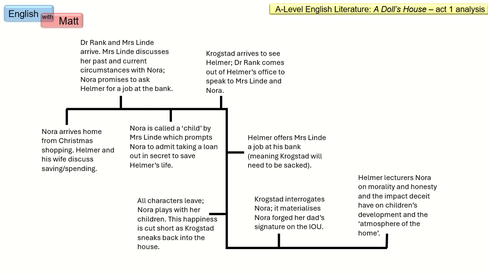And that's why from this point onwards, Nora says, in that case, I can no longer spend any time with the children, because if they're spending time with me, it means that their morality is slowly being eroded. So she safeguards her children by not spending any more time with them for the rest of the play. So that is the trajectory or the chronology of Act 1.